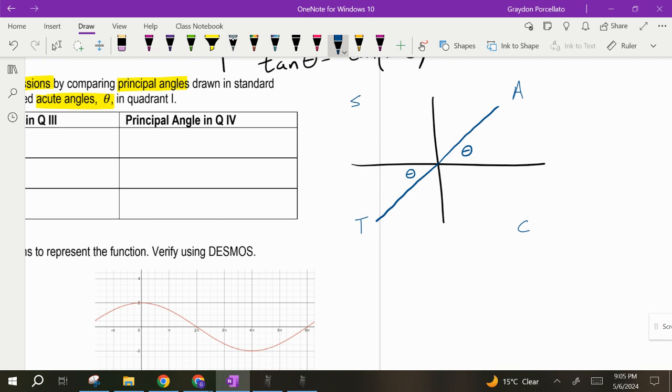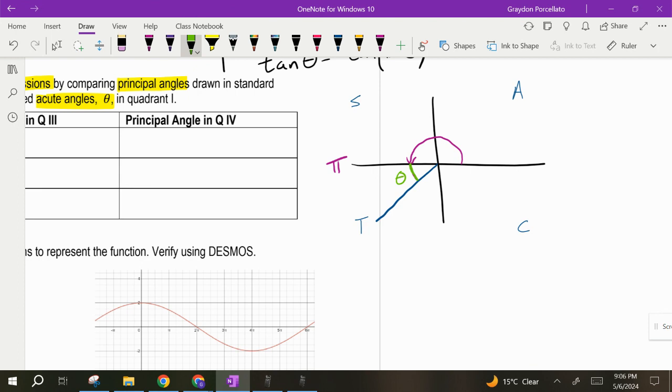Now I'm going to erase this part for a minute. We know our angle from here to here is pi. If I continue a little more to my terminal arm, what is that little green angle there?